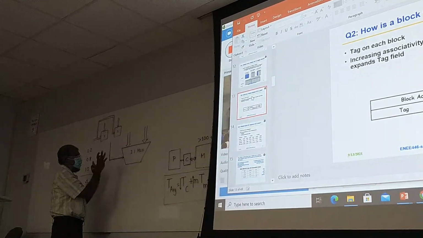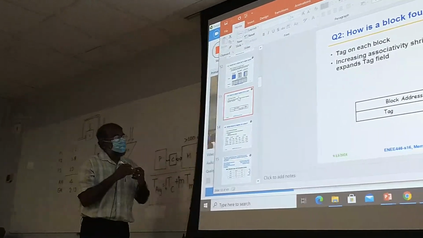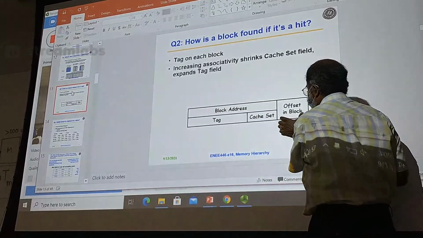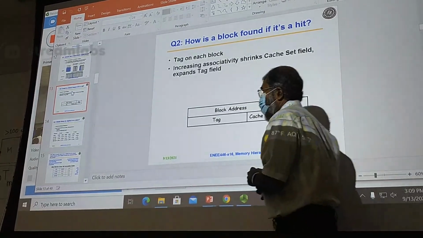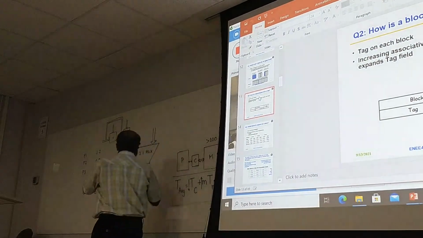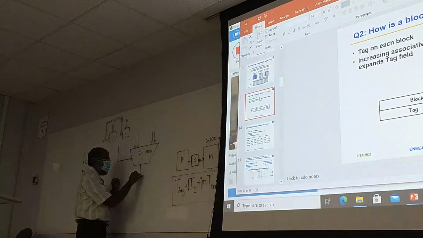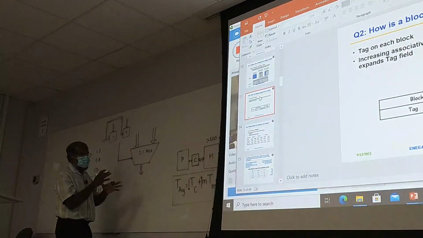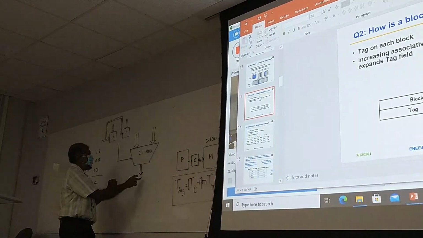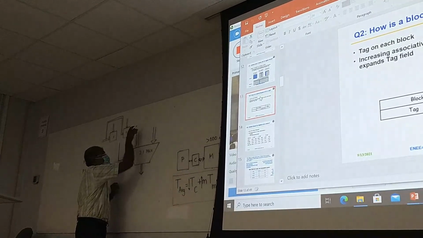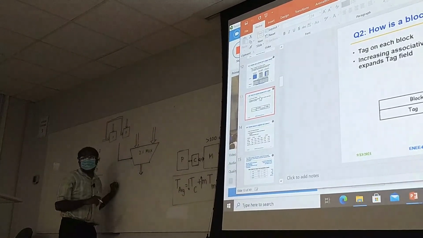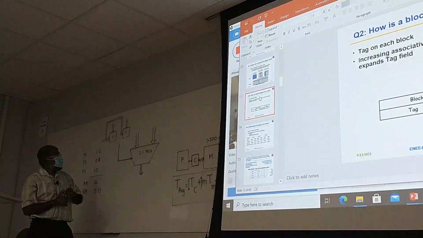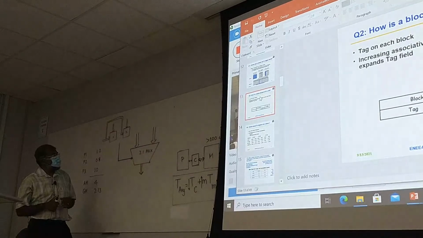So that's how this will be done. So you get the data. Now it will be reading a whole block. We don't need that. We only need one word. So after the selection, we feed it into a multiplexer and use the last one, or we use another multiplexer here. So that's how we do.